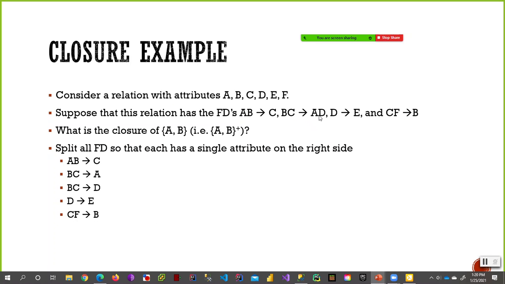ABC, BC, AD. Actually, you'd list all of these that we listed here because we split them, plus the new ones that we just found from computing the closure. So does that make more sense on what exactly we're doing?